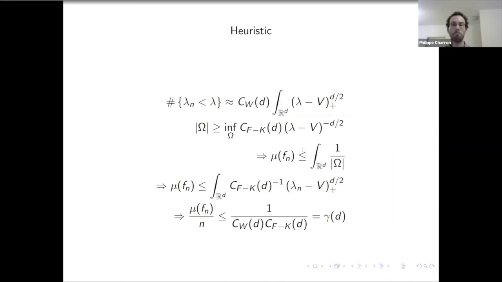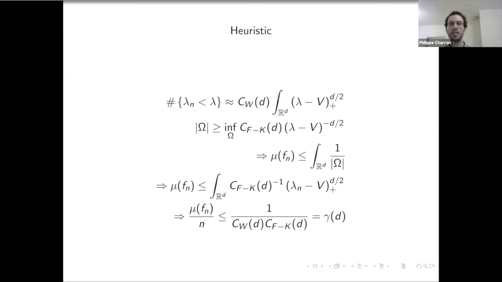So if you were to count the number of nodal domains, you would say it's roughly equal to the integral over R^d of 1 over the volume. When you integrate, you're just going to get the sum over all omegas, roughly. And so the number here is going to be less than this because you're just plugging the second line into the third line.